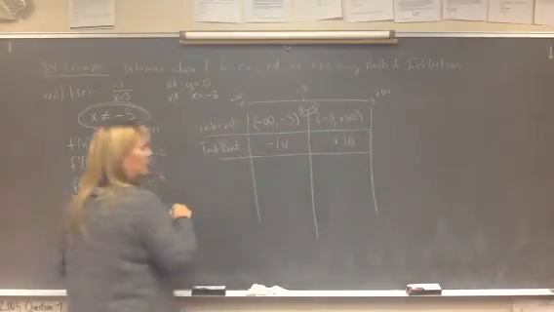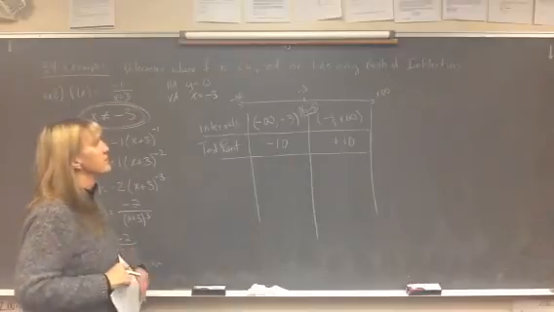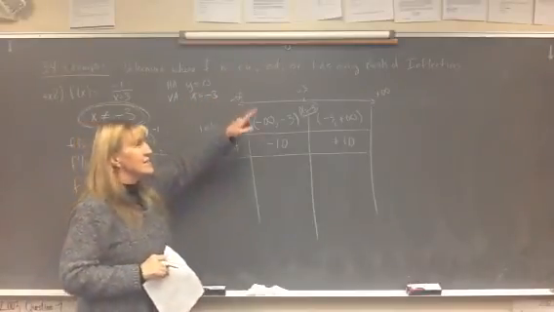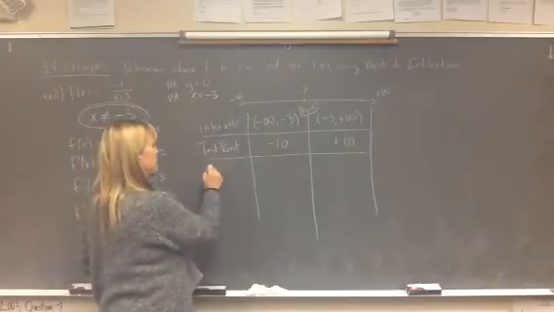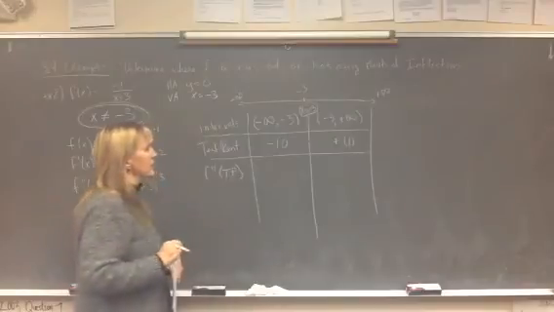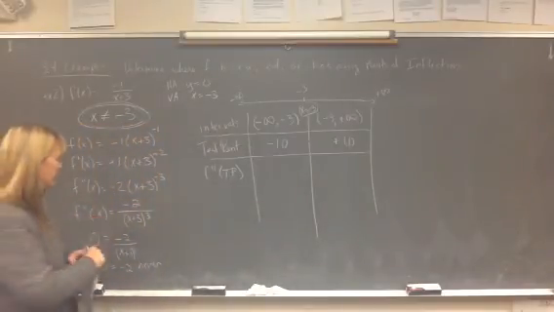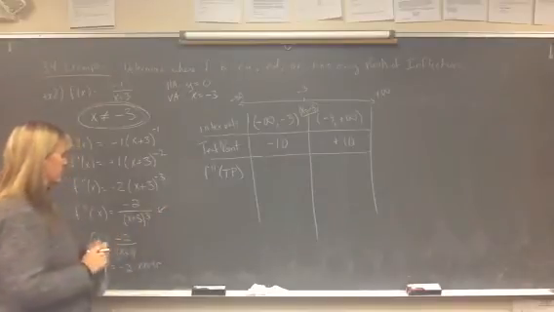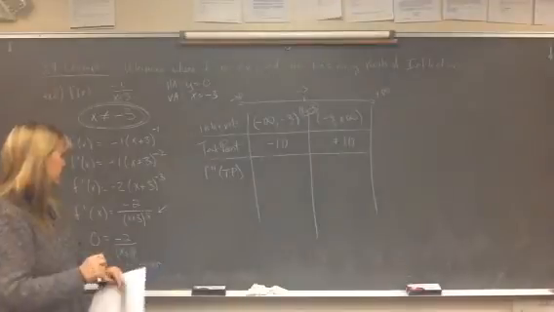After I do my test point, I'm not interested in that first derivative stuff right now. I'm interested in the second derivative because we're talking about concavity and points of inflection. So key in on the fact that when that happens, you need a second derivative with your test points. Okay, so my second derivative function is over here. The numerator is always going to be a -2 no matter what x value I substitute into this function.